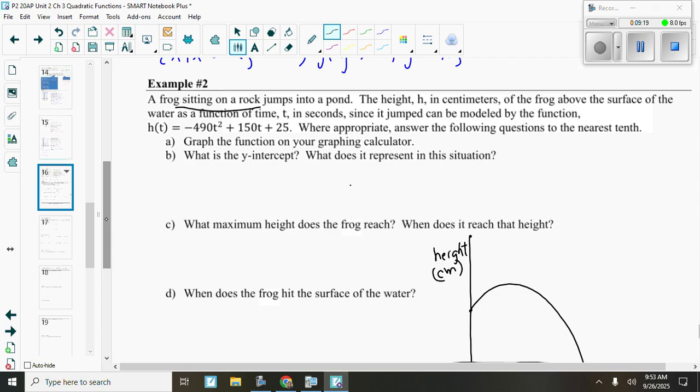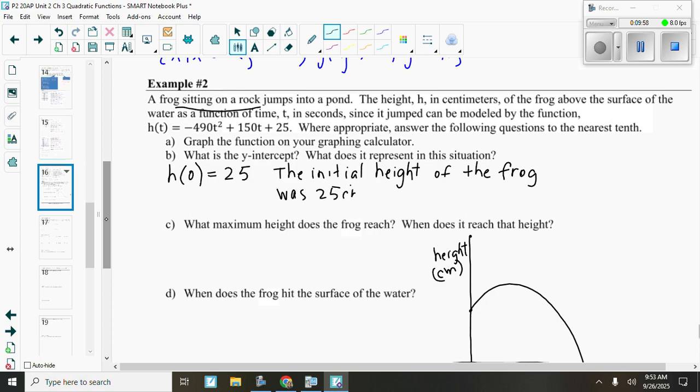So what is the y-intercept? Remember, it's h at 0. In function notation, we'd say h of 0 equals 25. That means at the initial time, when time is equal to 0, the initial moment of starting, that would be the height. So the initial height of the frog was 25 centimeters.